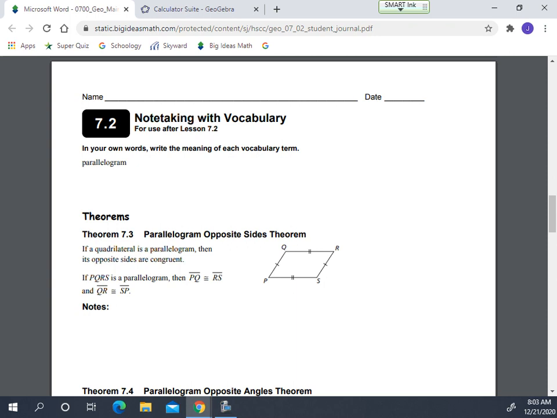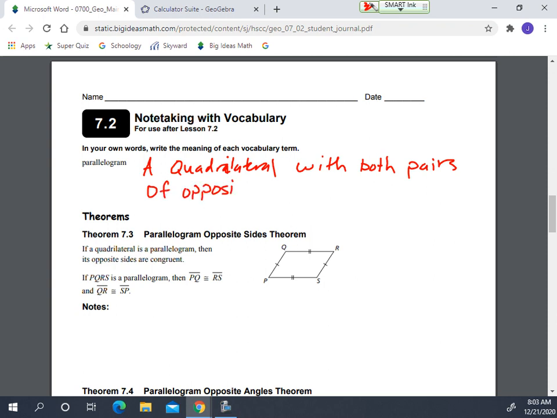So the parallelogram is a quadrilateral, wow, that's an I right there, not an A. Quadrilateral with both pairs of opposite sides parallel.